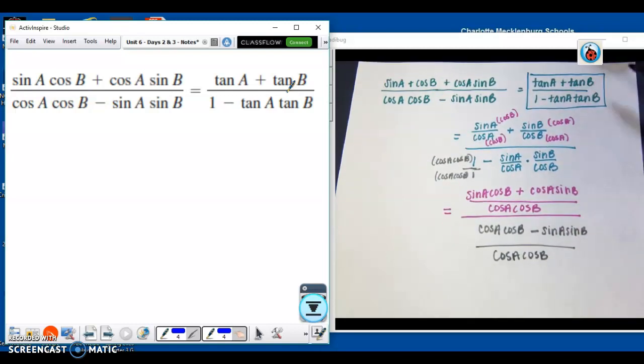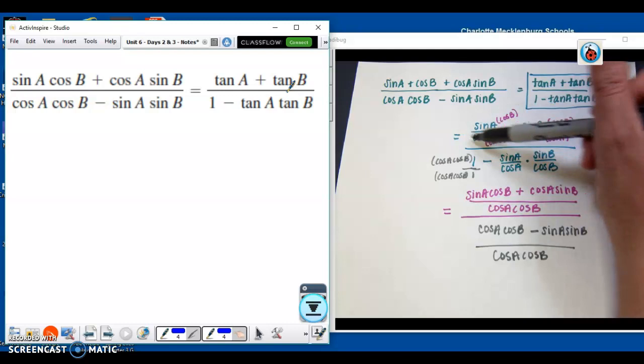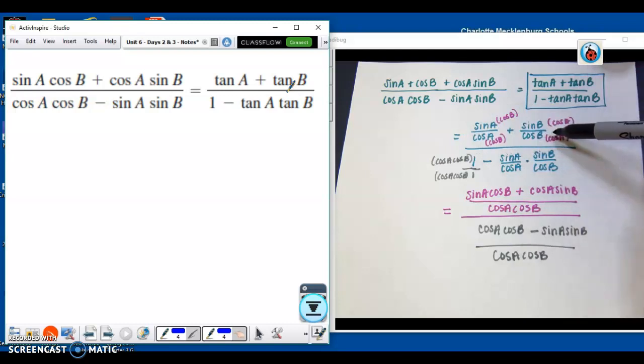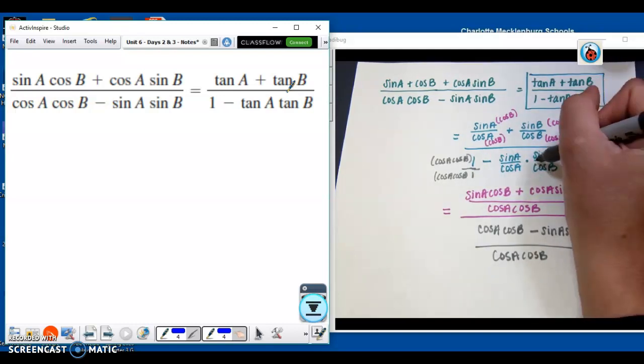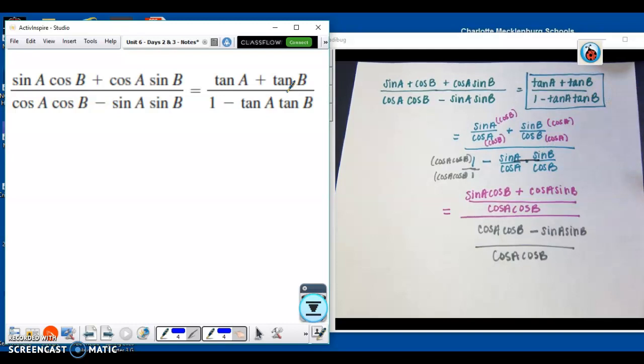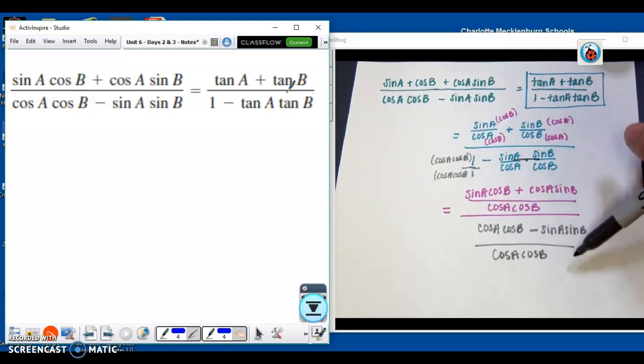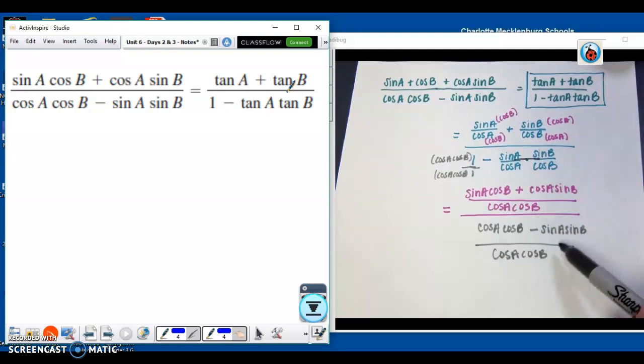Okay, so let me recap. We got tangent. I rewrote all these tangents as sine over cosine, just with A or B, depending on which one it was. We had 2 fractions here, so I added the fractions together by making common denominators, so we got this pink part. And then here we had 2 fractions, made them the same, because remember, this was all 1 fraction here. Because it's multiplication, that would get that. Because we have a fraction divided by a fraction, we're going to do same, change, flip.